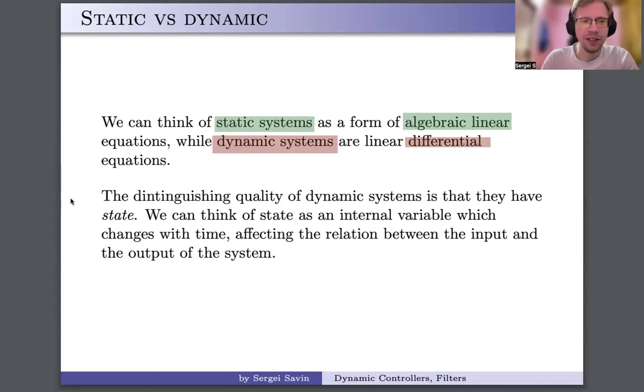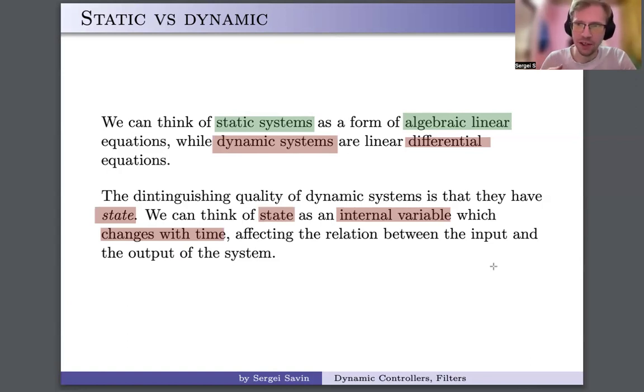Now, what is interesting is that dynamical systems have an additional property. They have state, right? You can think of state as some kind of internal variable which itself changes with time, affecting the relation between the input and the output.